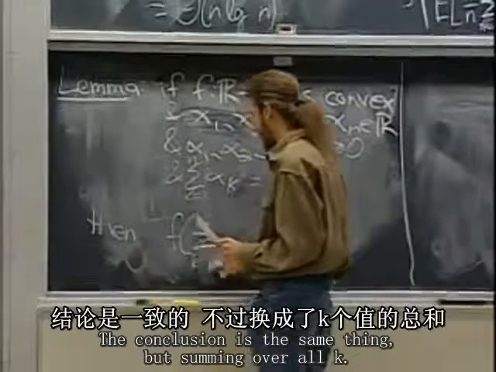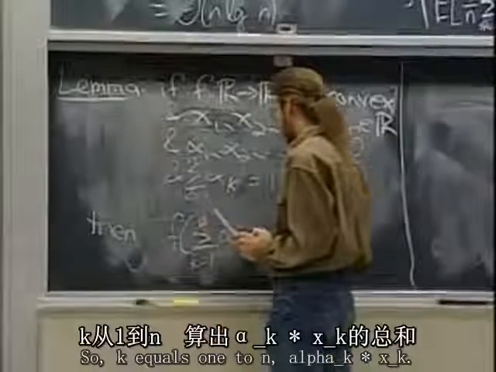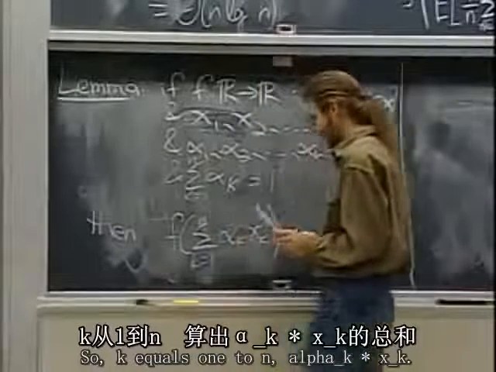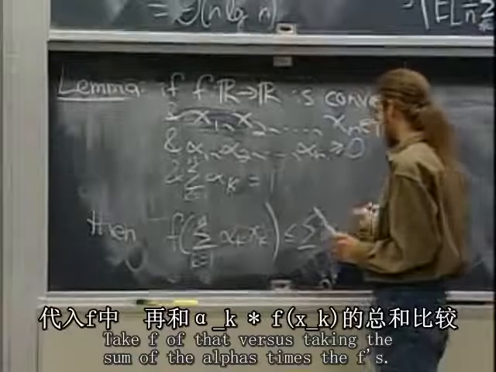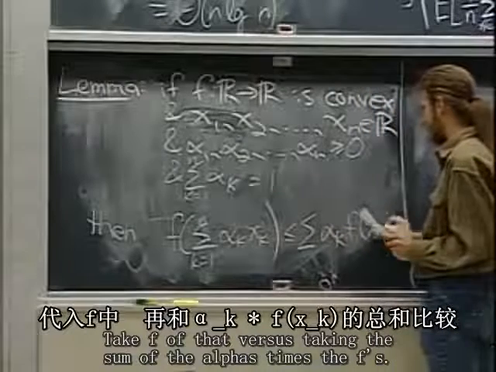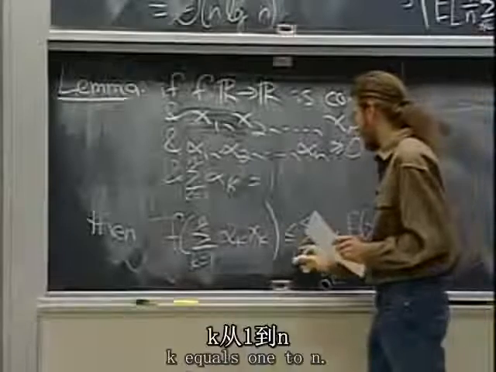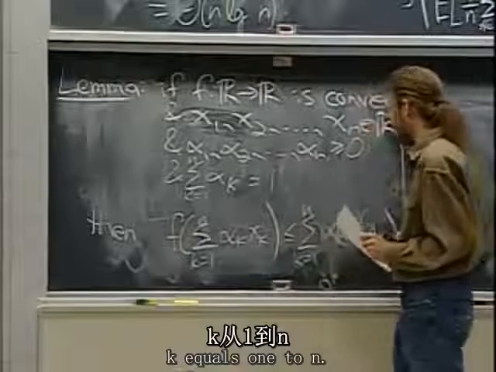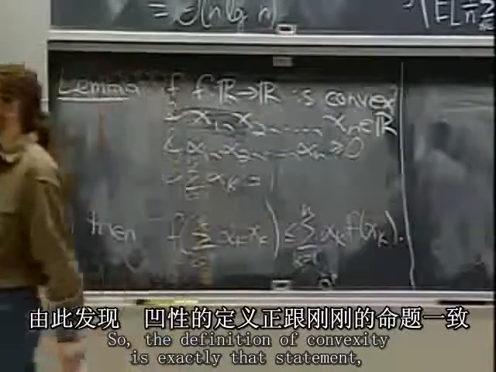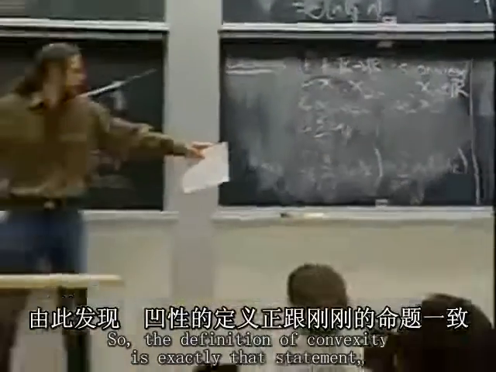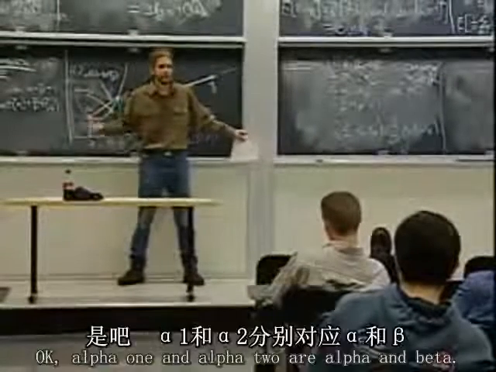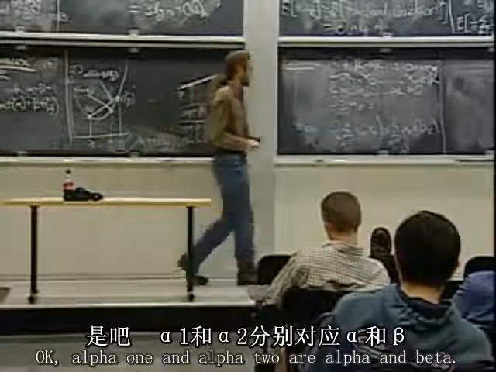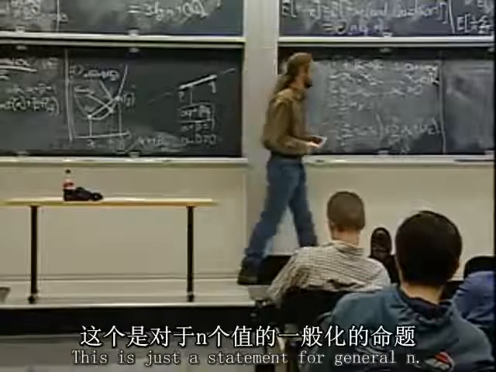So f of the sum for k equals 1 to n of alpha k x k, versus taking the sum of the alphas times the f's, k equals 1 to n. So the definition of convexity is exactly that statement, but where n equals 2. Okay, alpha 1 and alpha 2 are alpha and beta. This is just a statement for general n.